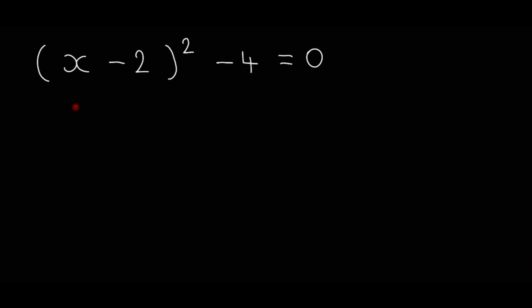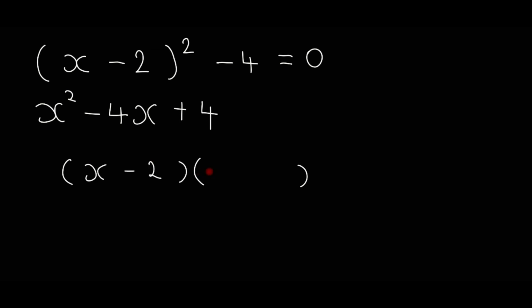Remember that we have two brackets. When we multiply those brackets we get x squared - 4x + 4. Remember this is the same as (x - 2)(x - 2).